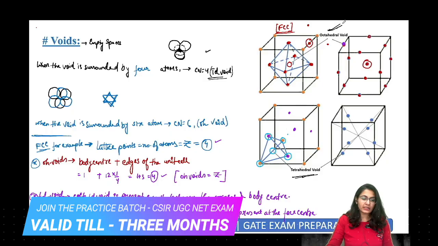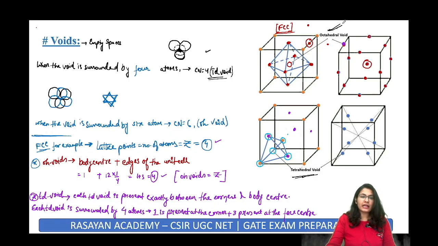Now one more thing is, if you have noticed कि अगर हर body center और corner के बीच में you are placing a void, then how many voids are present in total? You see 1, 2, 3, 4, 5, 6, 7, 8.